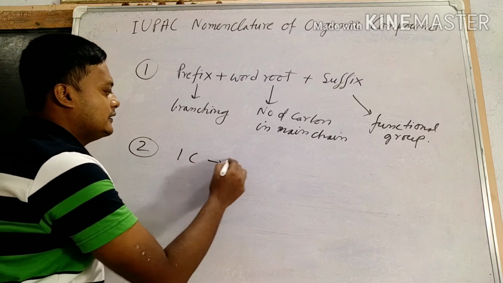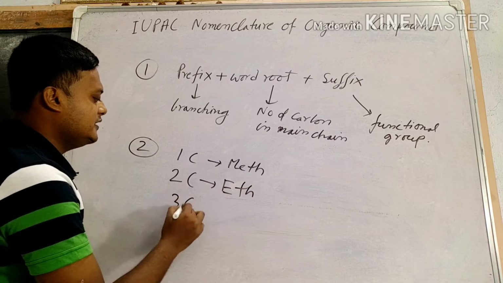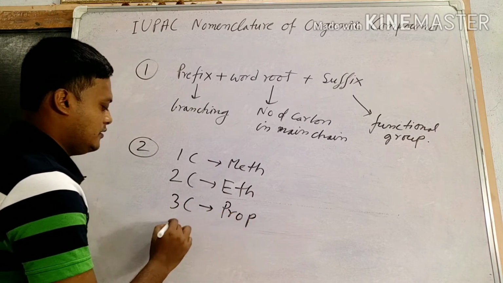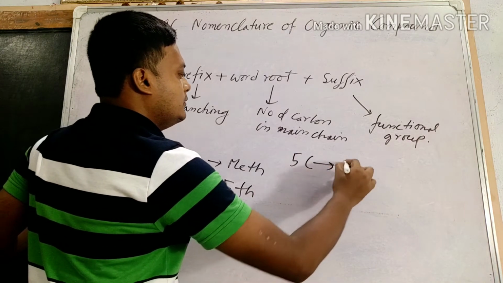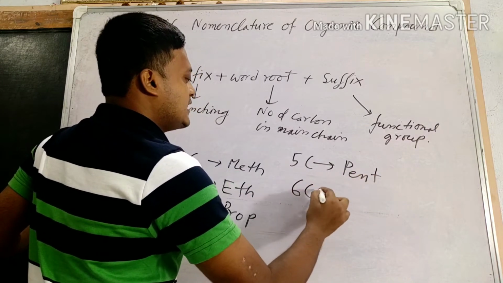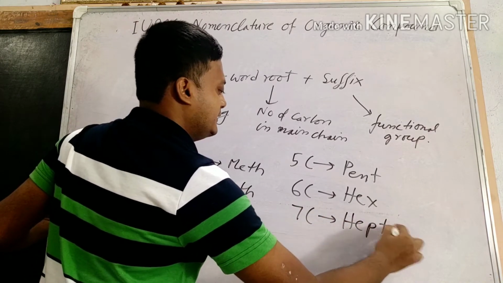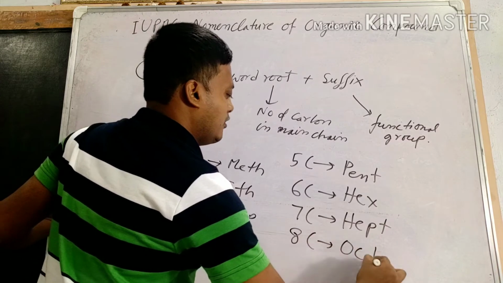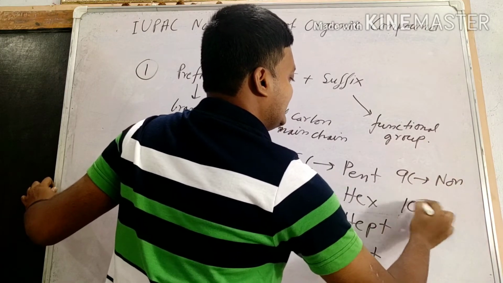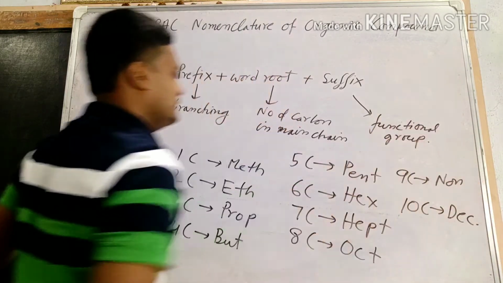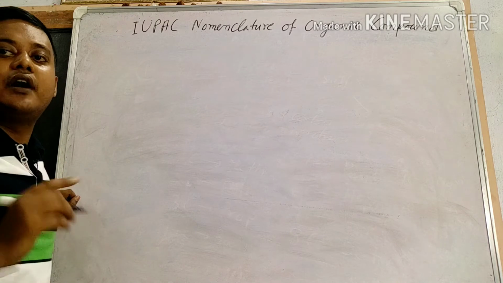If 1 carbon, then meth; 2 carbon, eth; 3 carbon, prop; 4 carbon, but; 5 carbon, pent; 6 carbon, hex; 7 carbon, hept; 8 carbon, oct; 9 carbon, non; 10 carbon, dec. That is the word root.